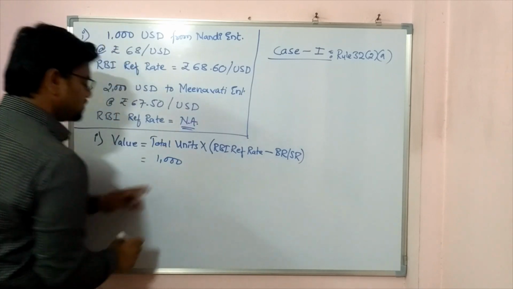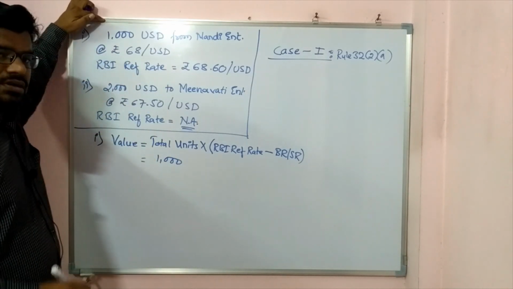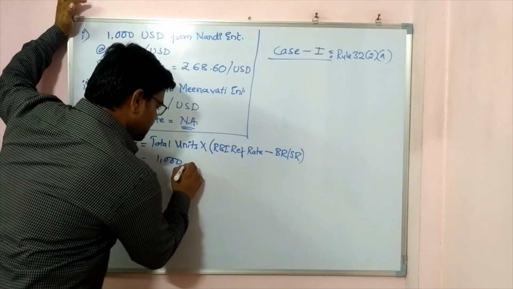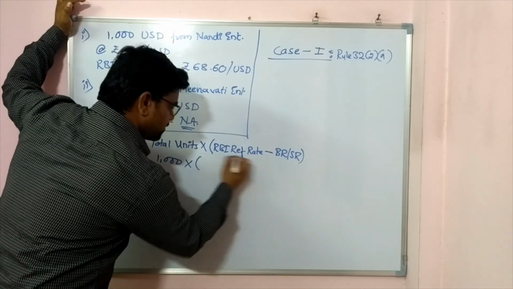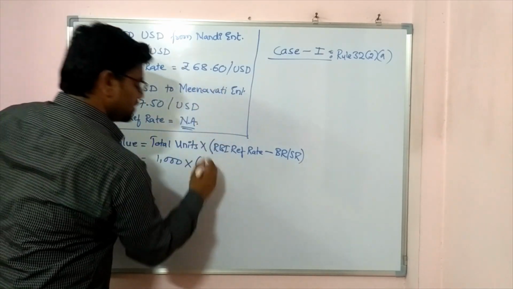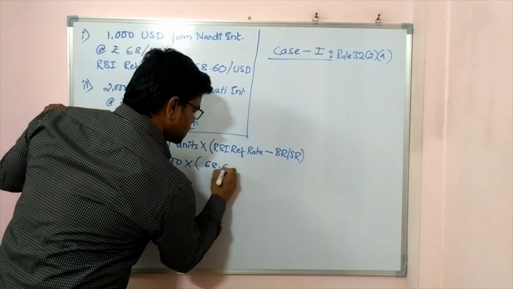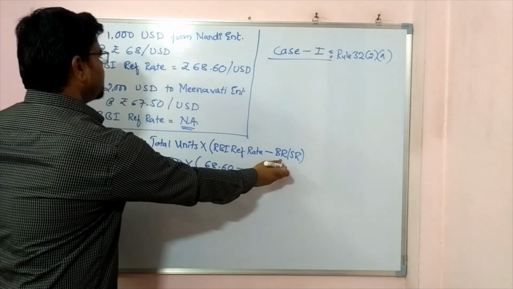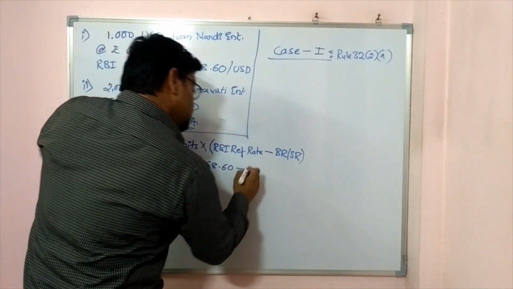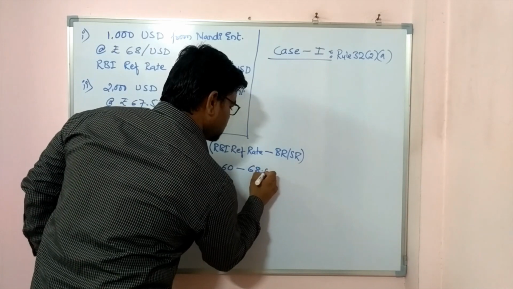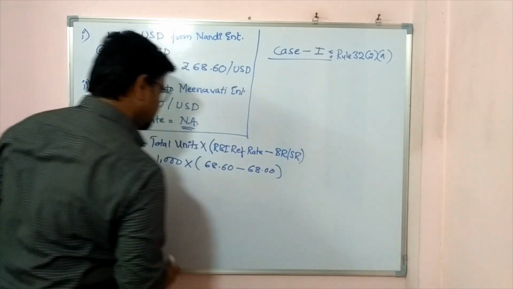So total units is 1000 that I am converting, into RBI reference rate. RBI reference rate is how much? 68.60 minus buying rate is how much? 68.00. If you want, you write it.